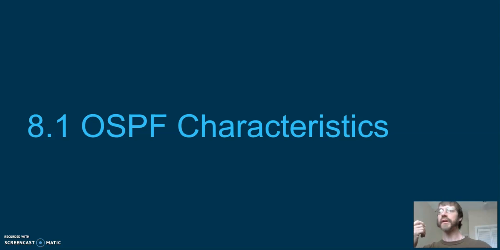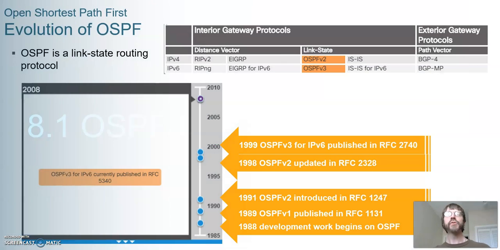So let's talk about the evolution of OSPF, the Open Shortest Path First algorithm. As I mentioned, OSPF is a link state routing protocol. It is the link state routing protocol that we use for IPv6 and IPv4. There's another set of link state routing protocols, IS-IS and IS-IS for IPv6. OSPF has been evolving for quite some time.